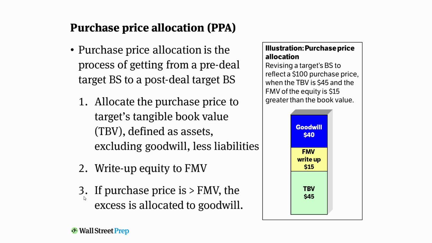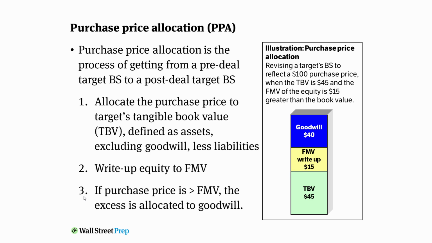Step one, allocate the purchase price to the target's tangible book value. Under US GAAP, the tangible book value is defined as all the assets net of all the liabilities, excluding one specific asset, which is the target's pre-existing goodwill. Not the new goodwill created in the deal, but any pre-existing goodwill. That's called tangible book value for the purposes of purchase price allocation.